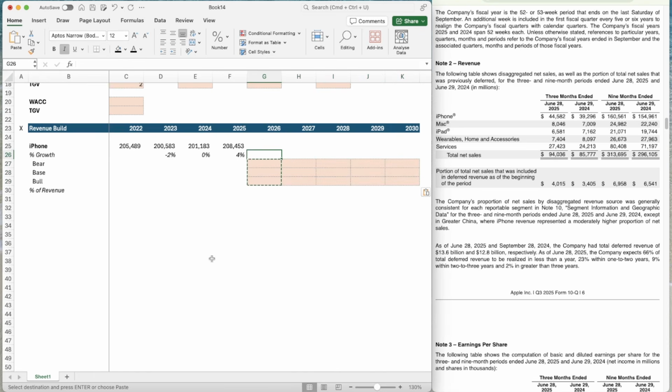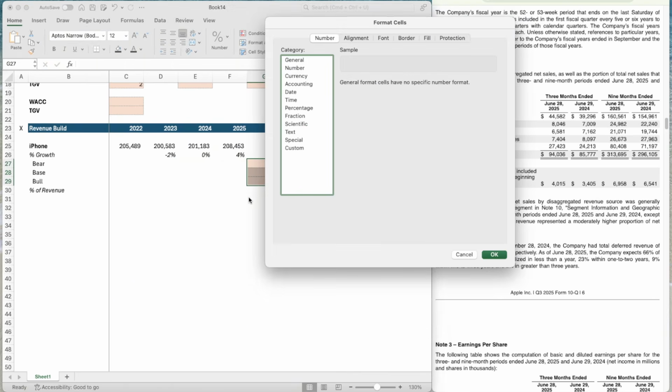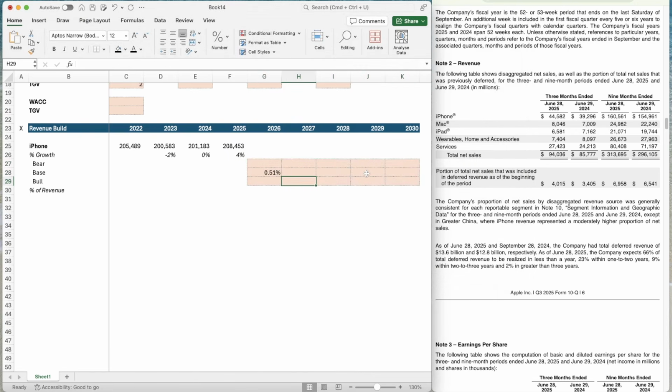Okay, so what we want to do here, we go equals average, and this, let's just format this to percentage, 2 decimal places. So for next year, if it was 4% this year, we're taking an average of the last 3 years and we're getting 0.5%.